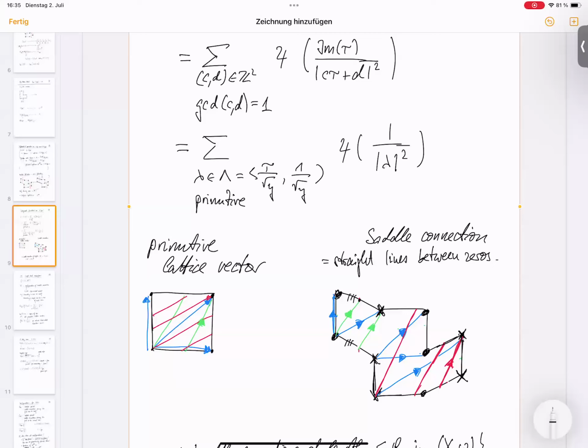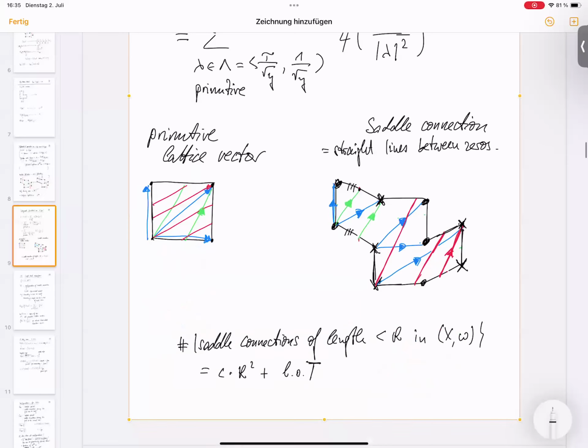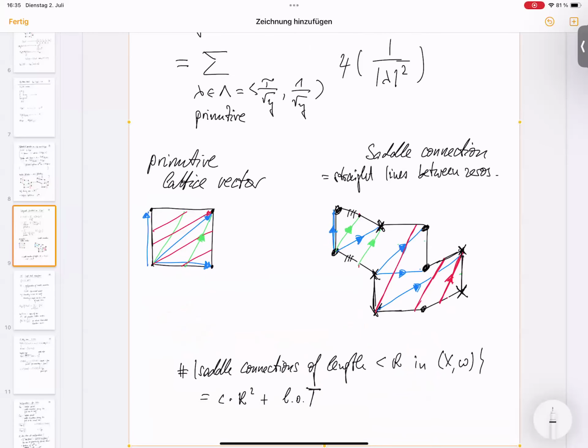So on any flat surface, there's a huge zoo of those saddle connections, as you can see, and you will find many more. And just as for the lattice, the number of lattice vectors of a given length r grows quadratically with r. And the same theorem holds, I wrote it just as a remark here: the number of saddle connections of length bounded by r in any flat surface (X, omega) grows like r squared.